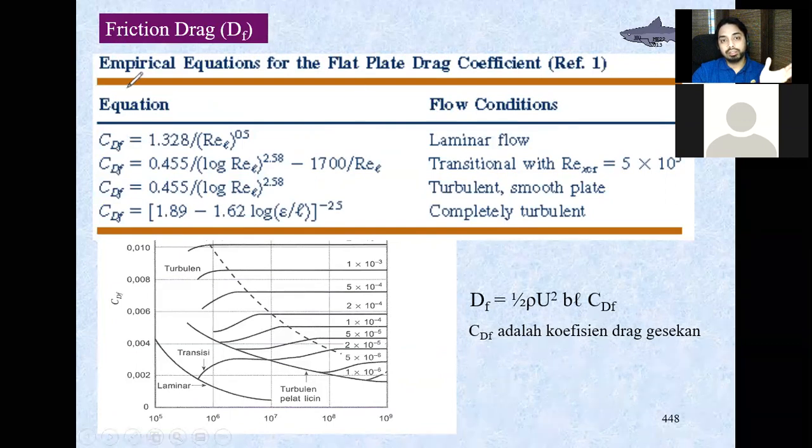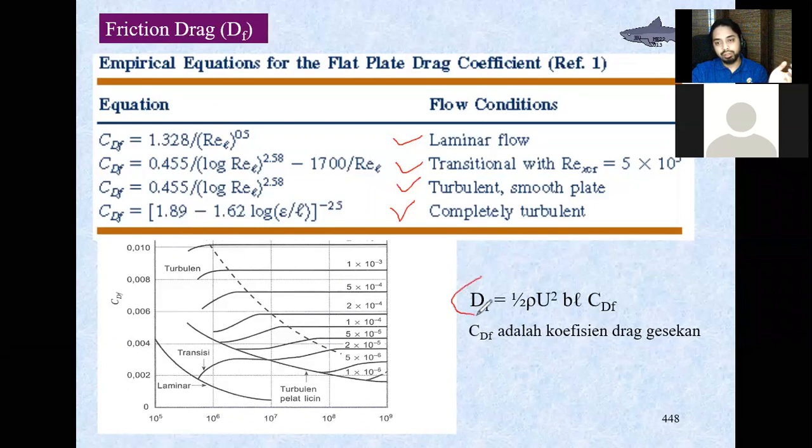This is the drag due to the friction, for laminar flow, transitional turbulent, and completely turbulent flow. So we need to first determine the Reynolds number of the flow itself in order to select which friction drag coefficient we can use.